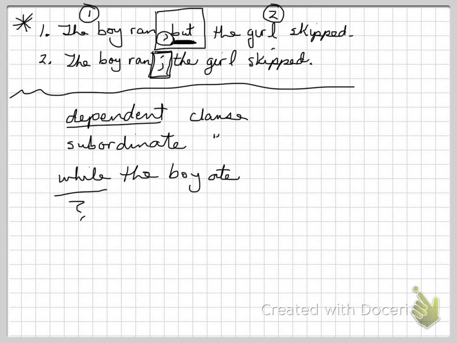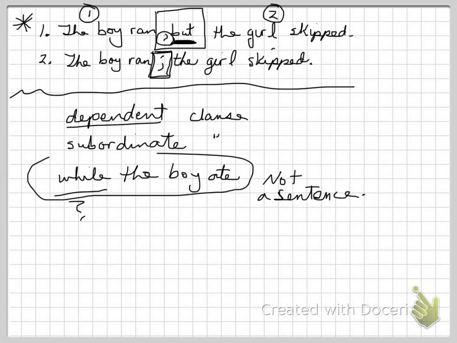Okay, so it does not express a complete thought, and it is not a sentence. Now, it can be part of a sentence, but it cannot be a sentence. And this is a great error in your work. If it were by itself, trying to be a sentence, we would call it a fragment. It's not a complete idea.